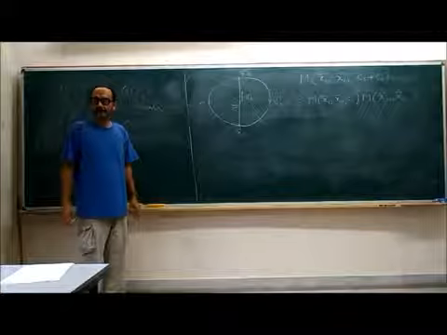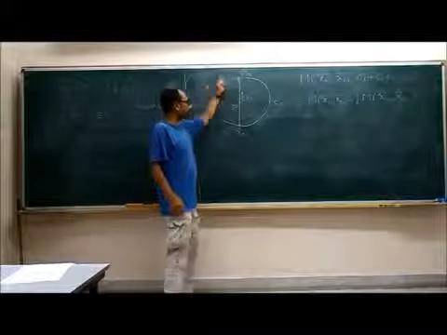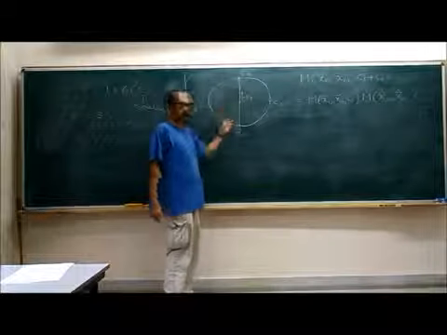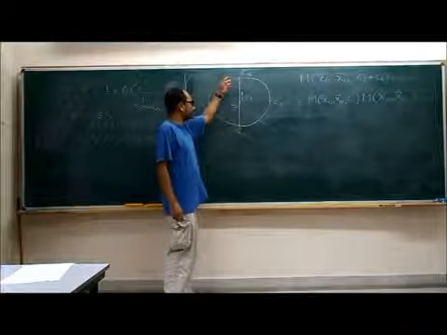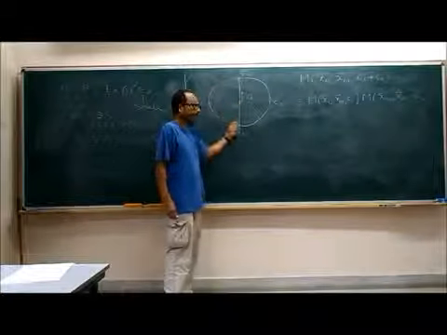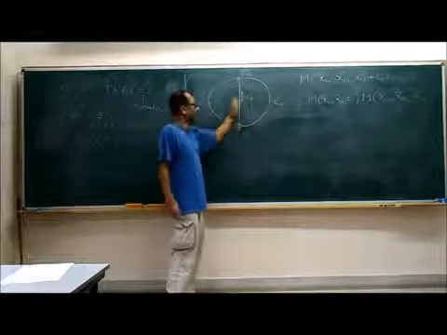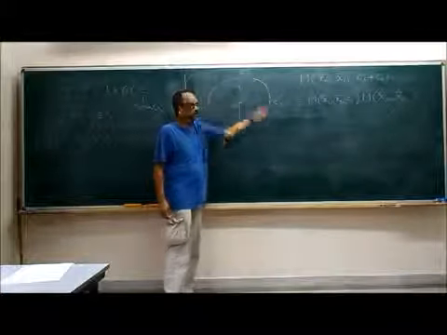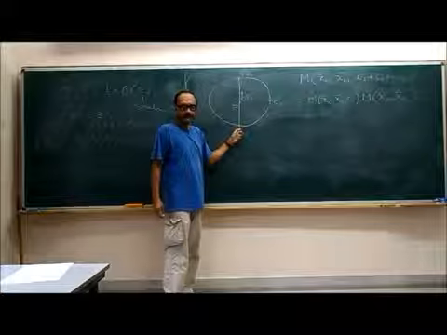But this doesn't divide this into smaller loops, right? You have not completed the loops. What you want to do is to write this in terms of small loops. So what you can do is that we go like this, then go down, come up again to cancel this part, and then go like this.